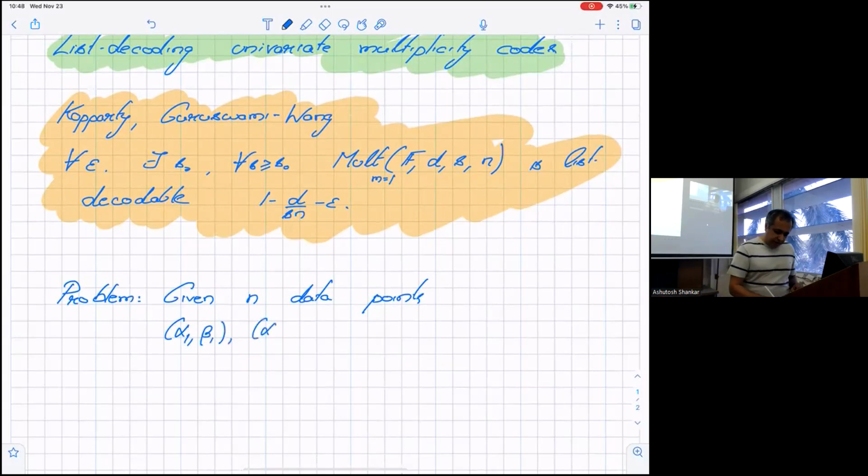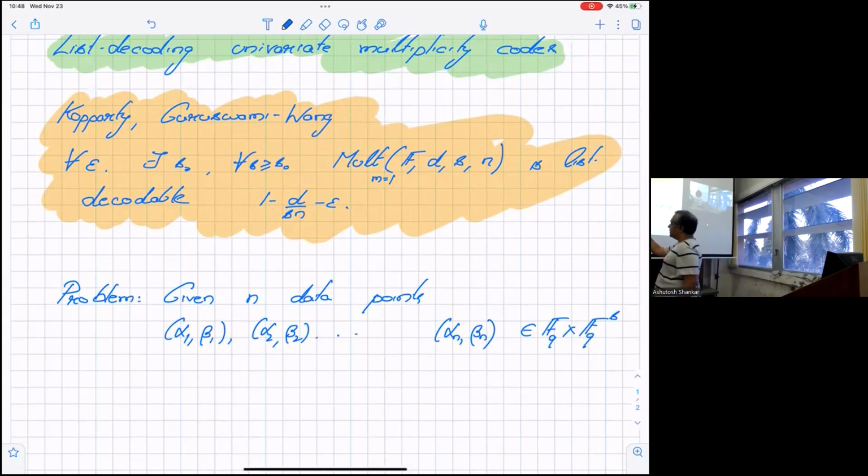Given n such pairs, alpha 1, beta 1, alpha 2, beta 2, up to alpha n, beta n, each of them belonging to F_q cross F_q^s, each beta is actually not a single element, but a whole tuple. It is the entire derivative sequence, supposedly.